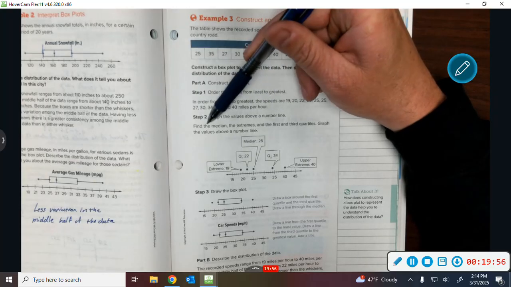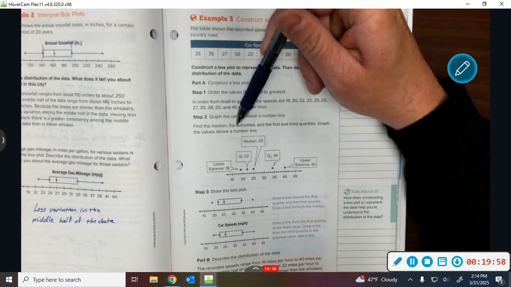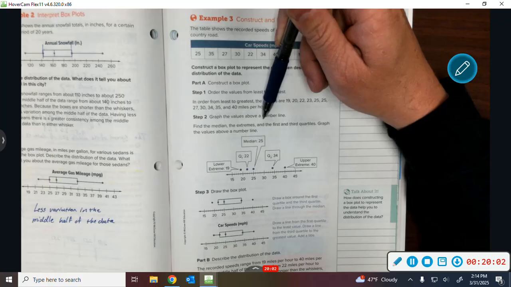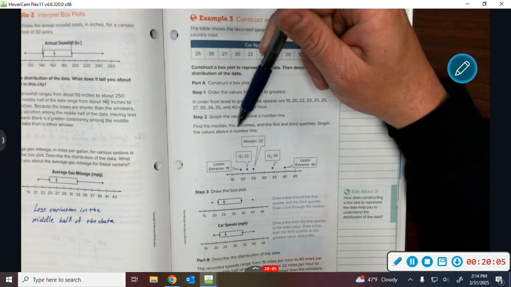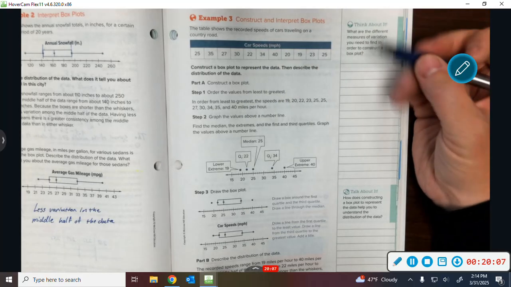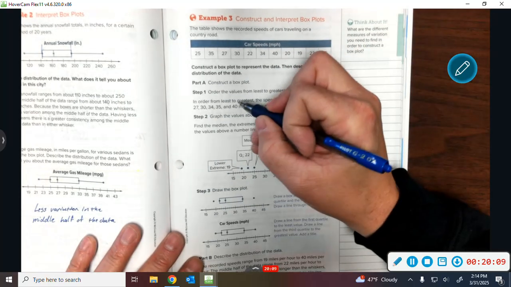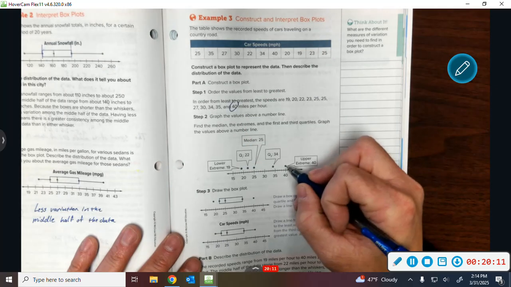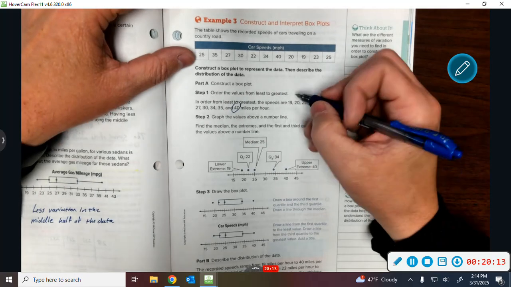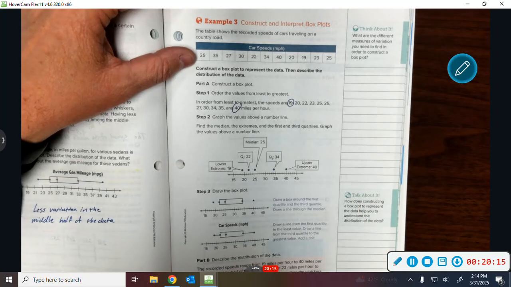We're going to find the median and graph it, the extremes, the biggest and smallest numbers, and graph them, and the first and third quartiles and graph those values. So I always like to start with the upper, the biggest, which is 40, so we put a dot at 40. Our lowest, which is 19, so we put a dot at 19.